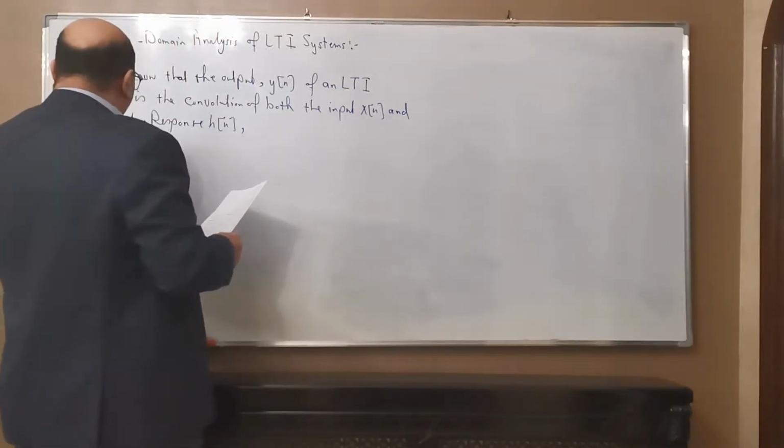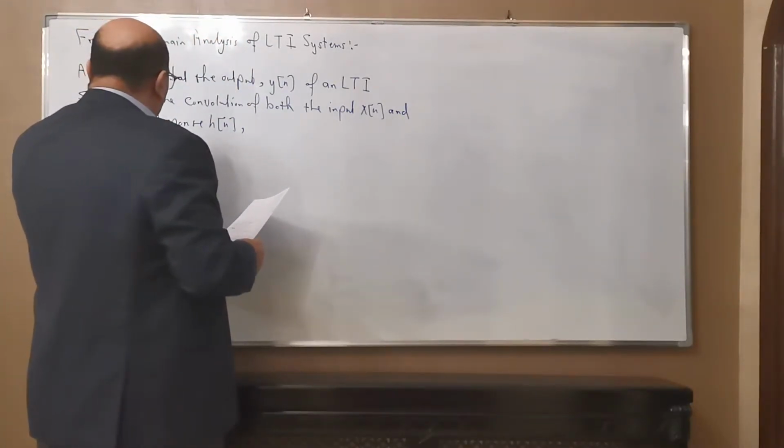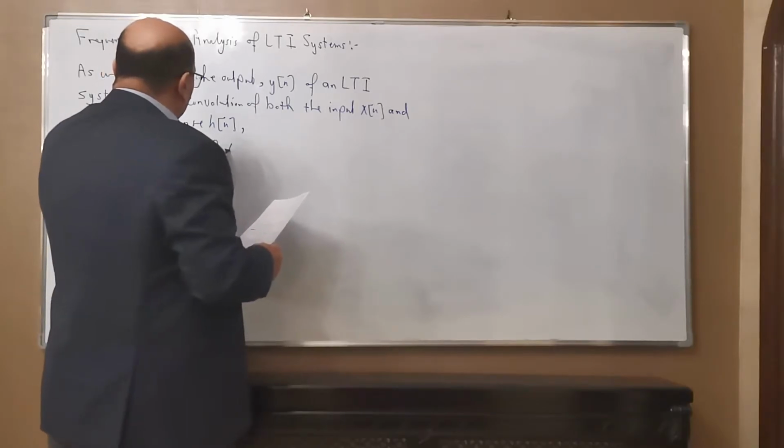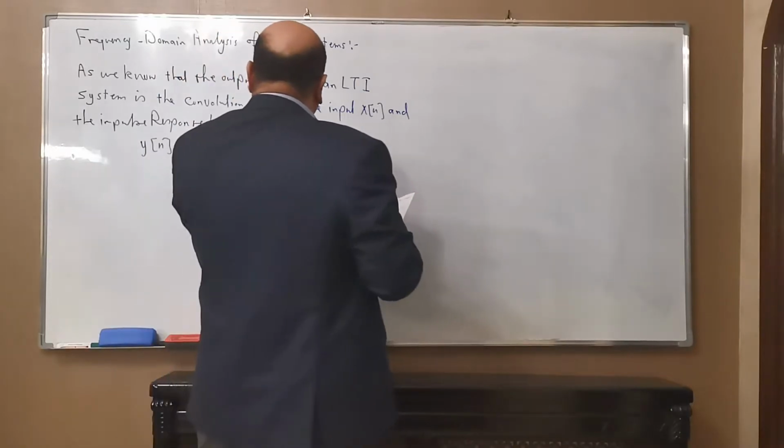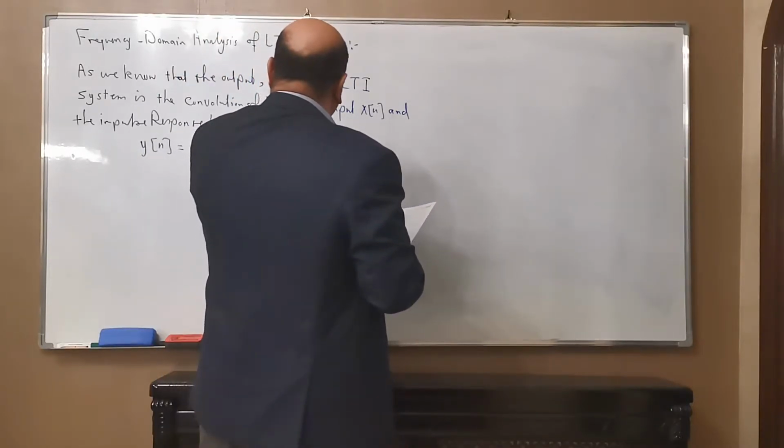In other words, y of n is equal to x of n convolved with h of n, and this is the convolution sum.